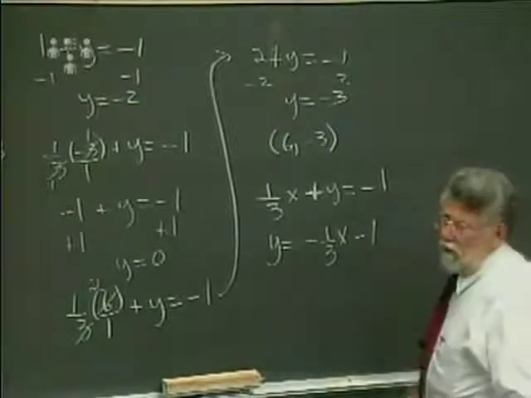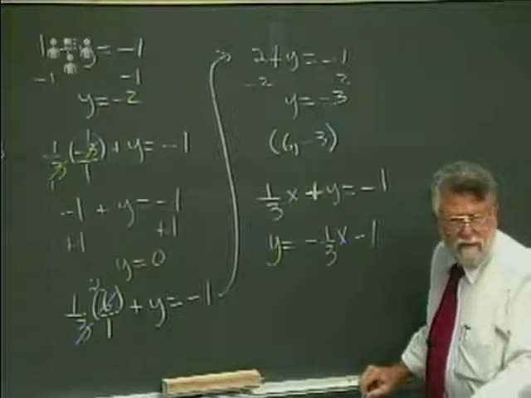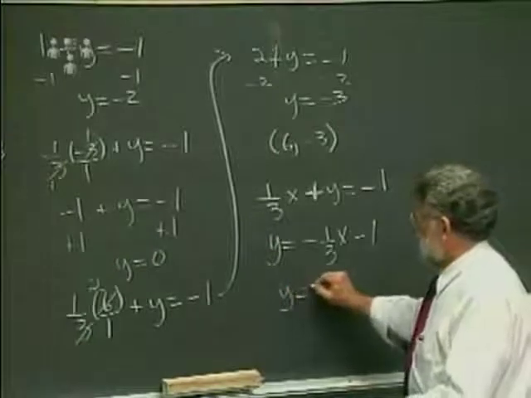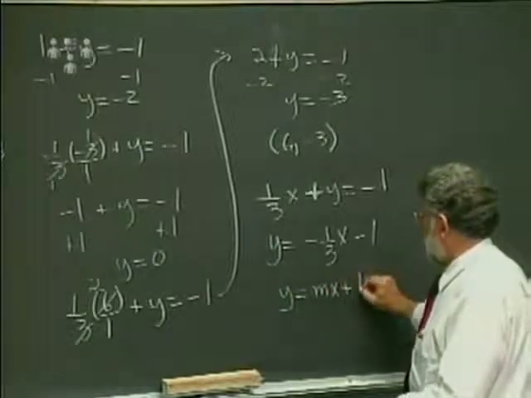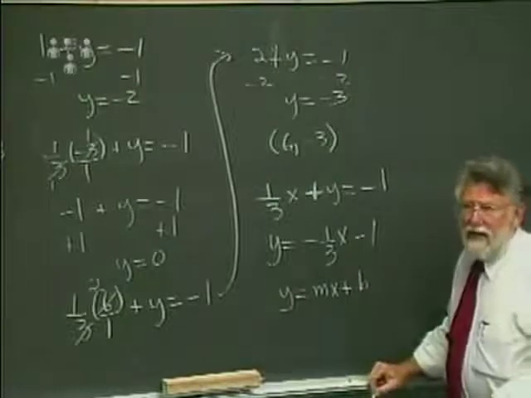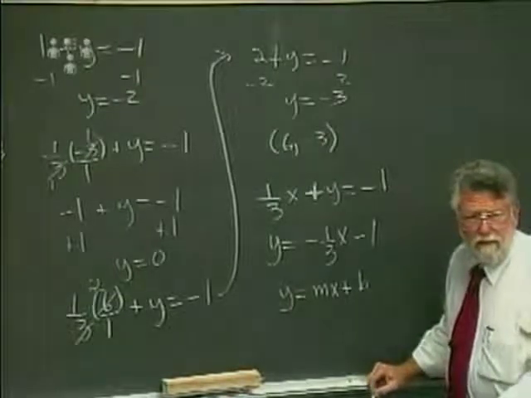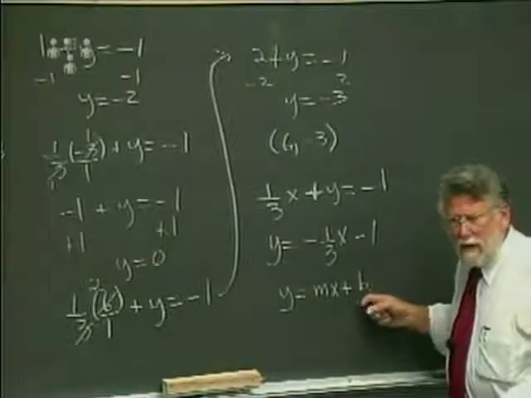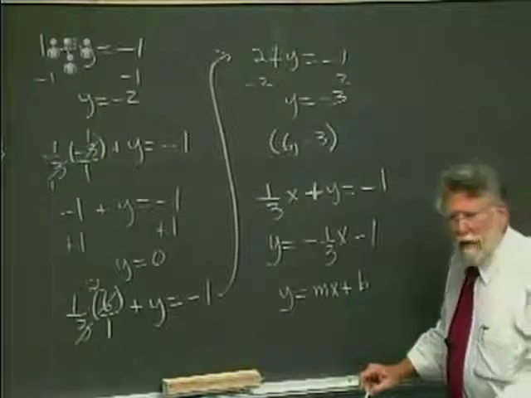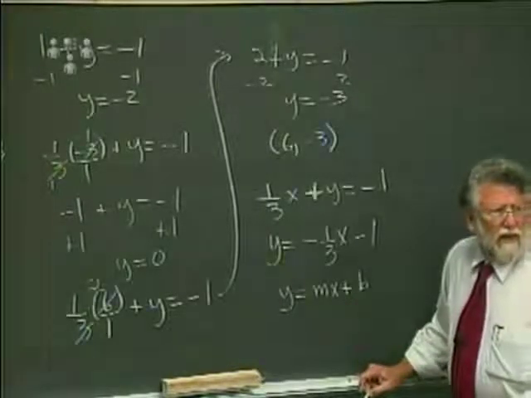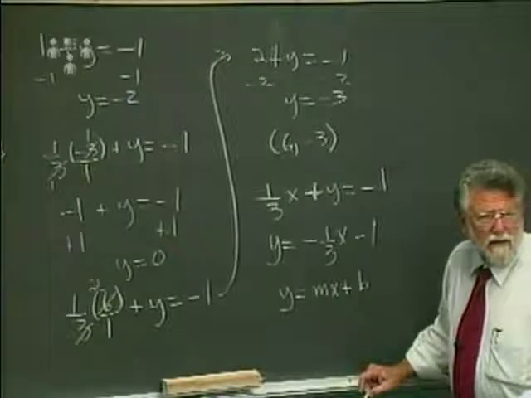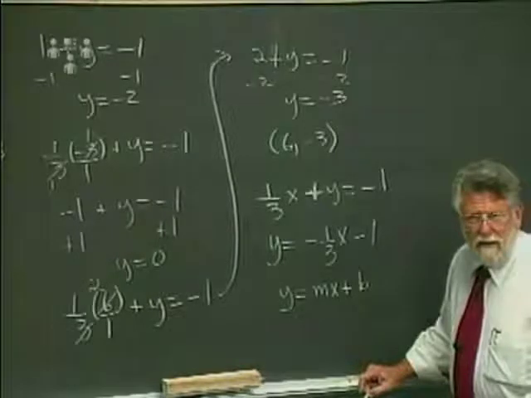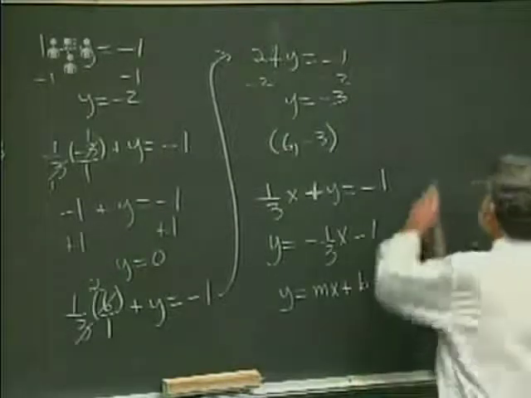Okay. What does the negative 1 represent? And what is b? What does this part represent? No, it's not the slope. It's the what? B, as in bad. Y-intercept. Good.